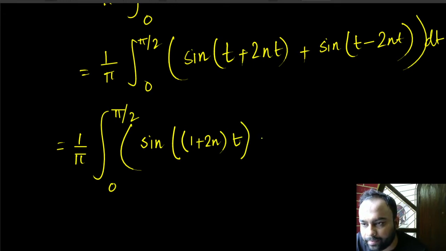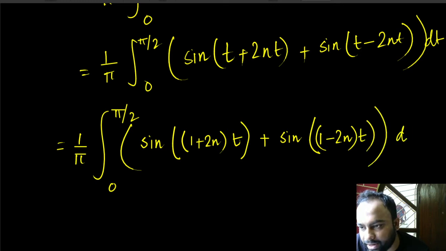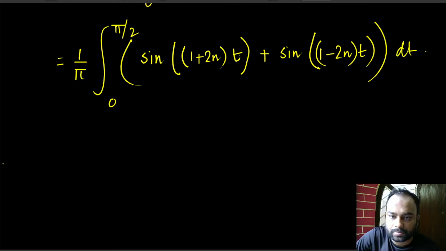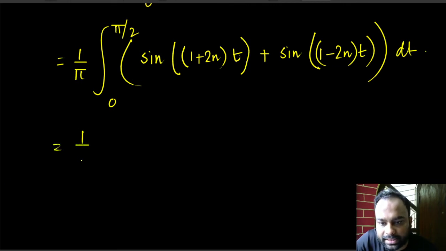And then I have plus sine of 1 minus 2n t, and we have a dt here, right? So now let's do the integration here.